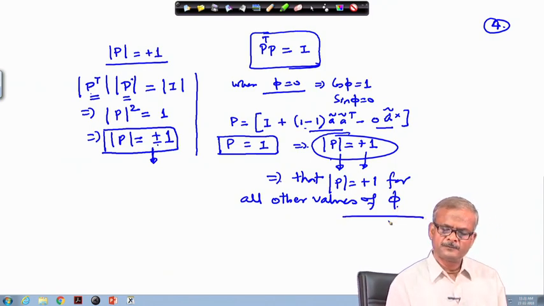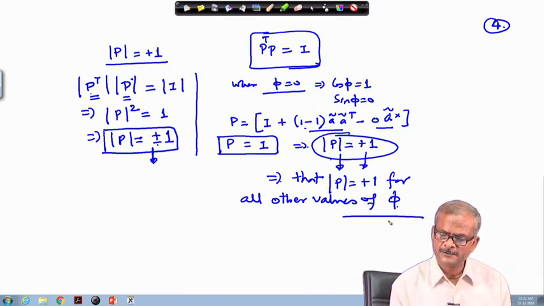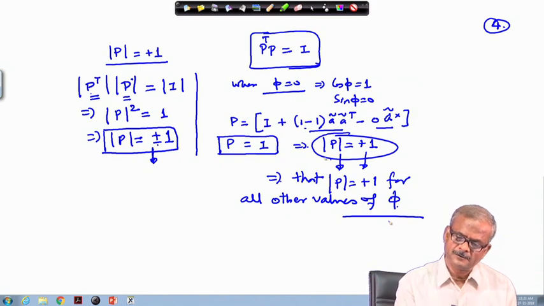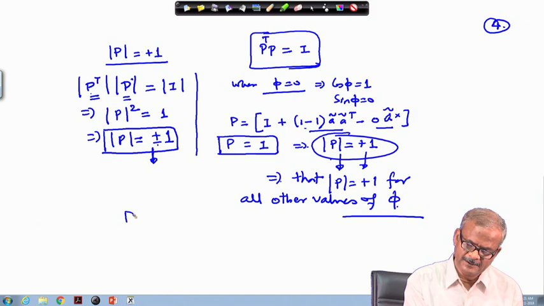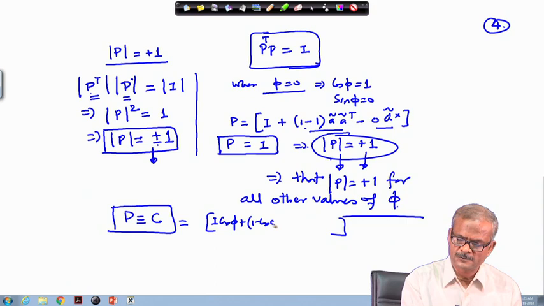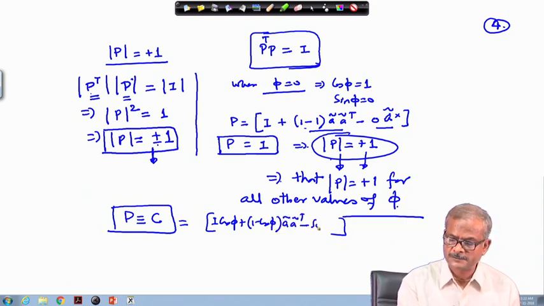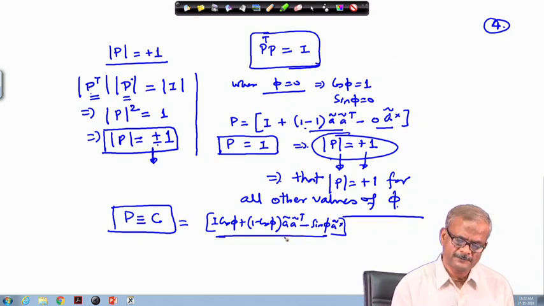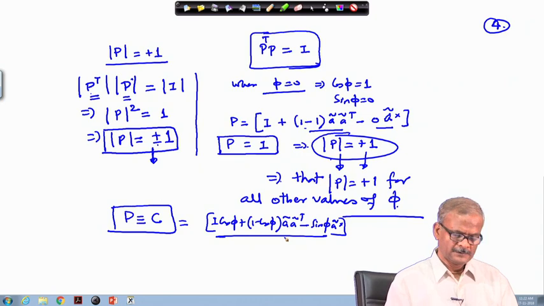So, this way we have proved all the requirements for P to be a rotation matrix, and already we have written that P is identical to C, and then we have written it in the format I cos phi plus (1 minus cos phi) A tilde A tilde transpose minus sin phi times A tilde cross. So, this is our rotation matrix.